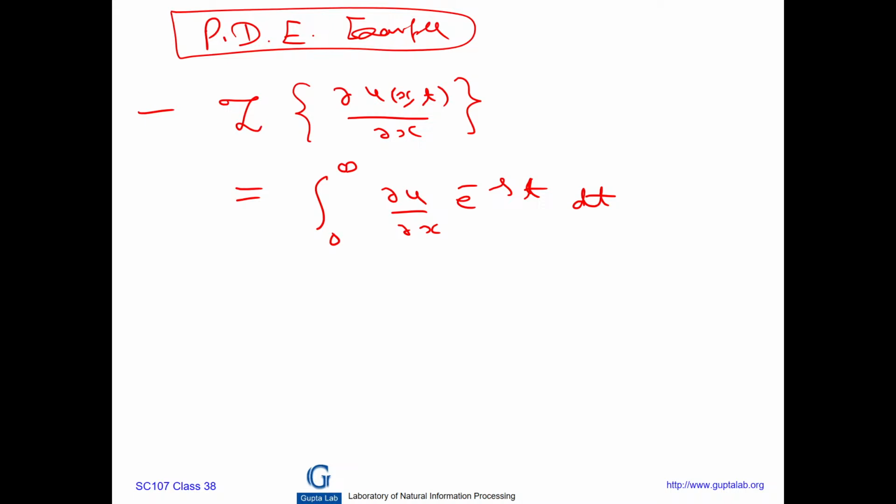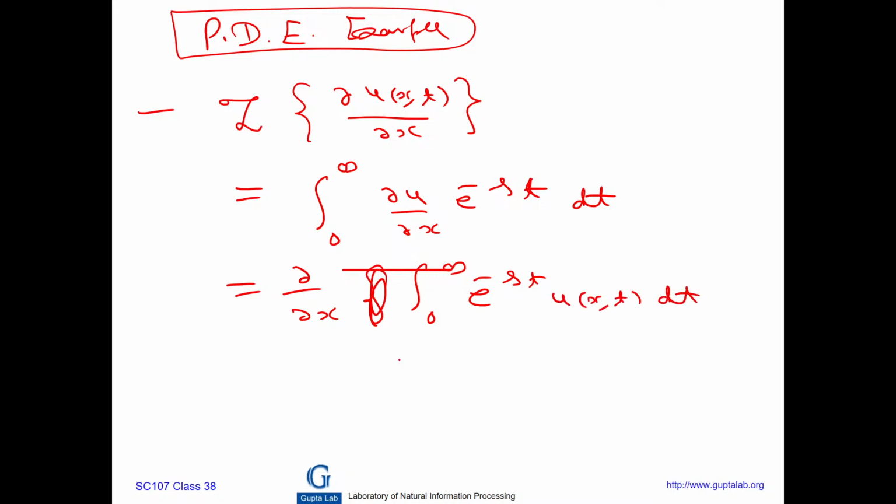That's by the formula, right? And this is nothing but del over del x, you can take out 0 to infinity e raised to power minus st u of x,t dt, which is nothing but, now there is only differentiation with respect to x, Laplace transformation of u of x,t.